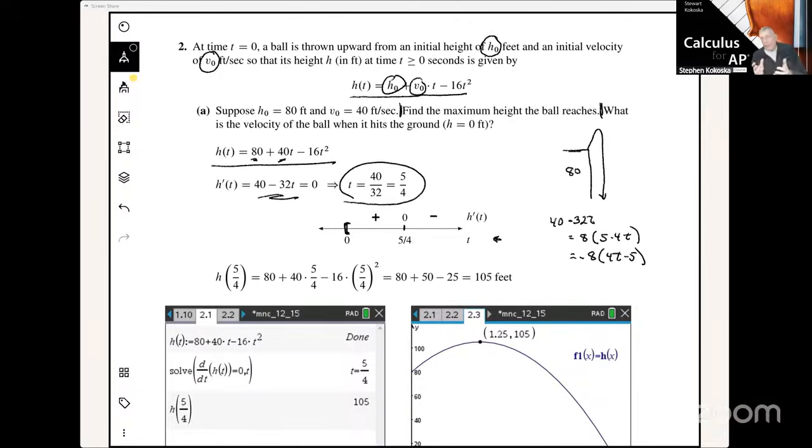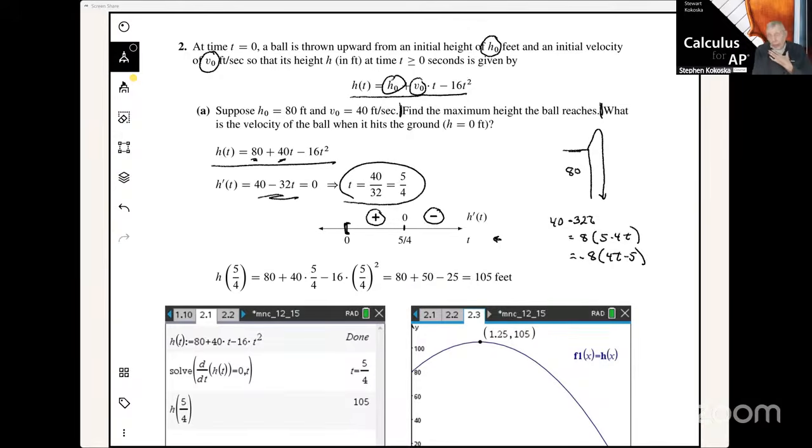Many of us find it easier to argue by looking at a linear expression in that form. Nevertheless, the sign of h prime is positive in this interval. The sign of h prime is negative in that interval.